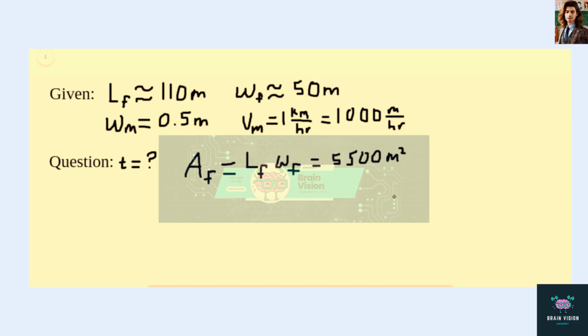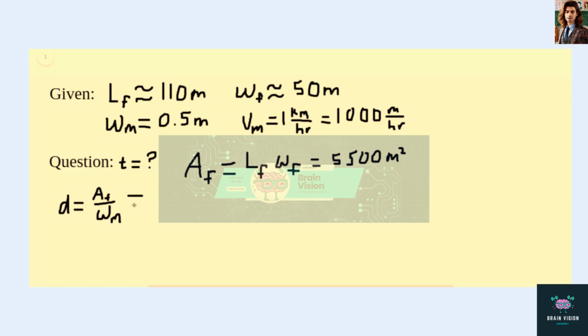So now that we know the area, we need to know the distance this individual who's mowing is going to have to travel in order to mow the entire field. Then we can calculate how long it's going to take him to mow this field. The distance he travels is going to be equal to the area of the field divided by the width of the mower.